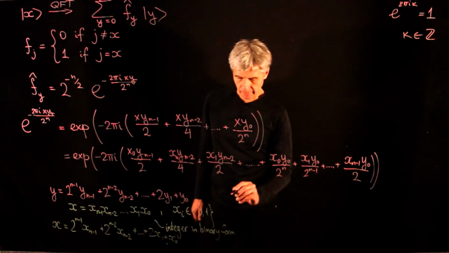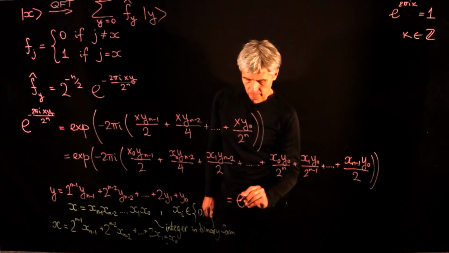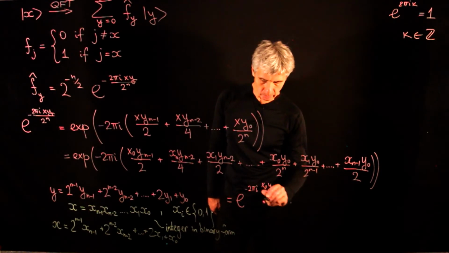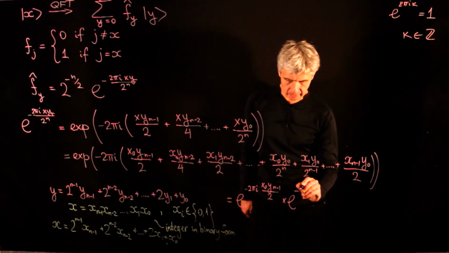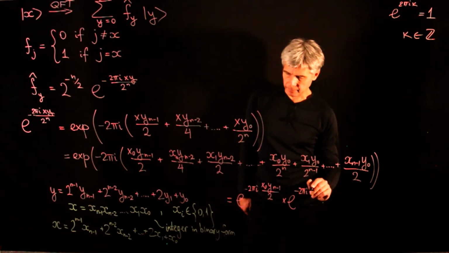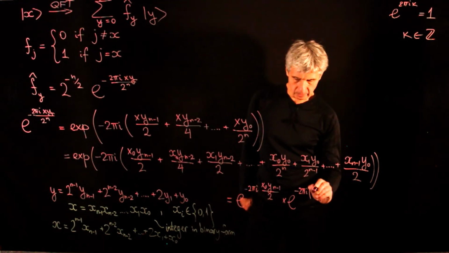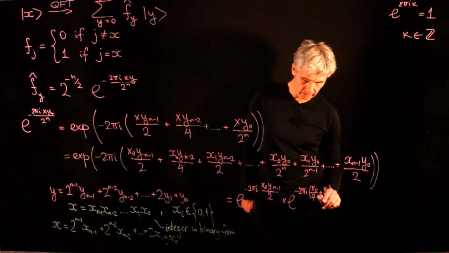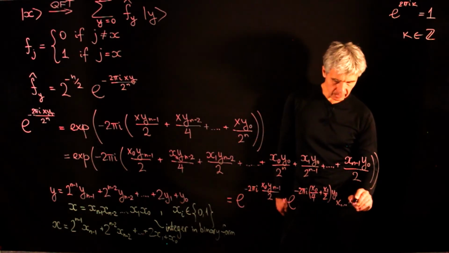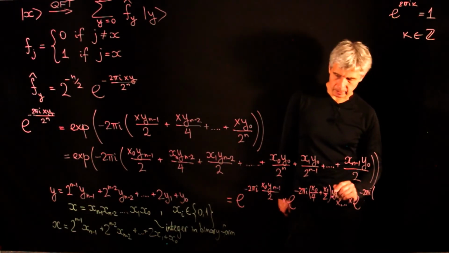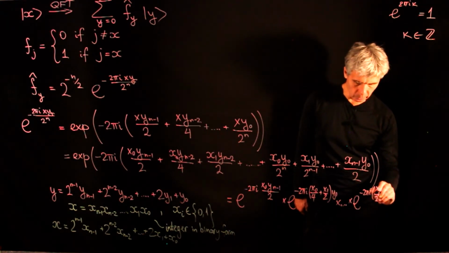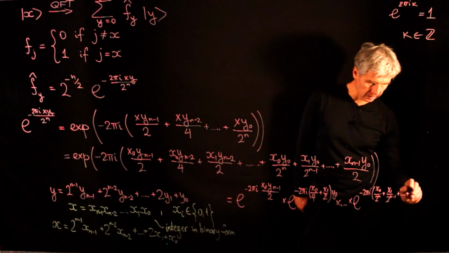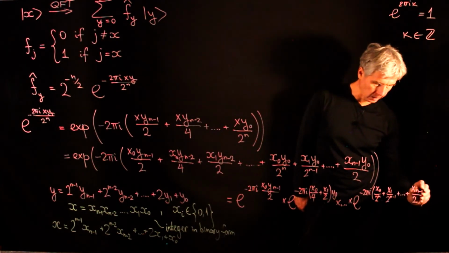And now the exponential of a sum may be written as a product of exponentials. So we get e to the minus 2 pi i x0 y_{n-1} over 2, times e to the minus 2 pi i (x0 over 4 plus x1 over 2) times y_{n-2}, times dot dot dot, times e to the minus 2 pi i (x0 over 2 to the n plus x1 over 2 to the n minus 1 plus x_{n-1} over 2) times y0.